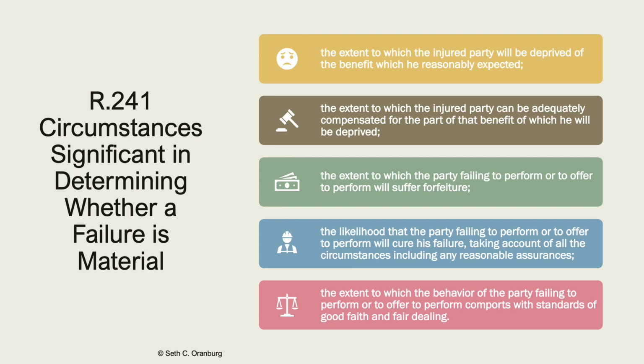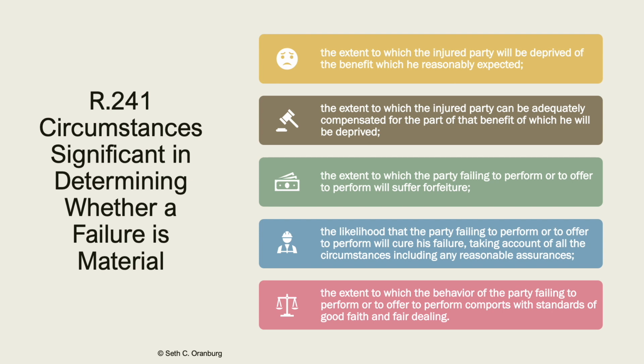Third, the extent to which the party failing to perform or to offer to perform will suffer forfeiture. Fourth, the likelihood that the party failing to perform or to offer to perform will cure his failure, taking account of all the circumstances including any reasonable assurances. And fifth, the extent to which the behavior of the party failing to perform or to offer to perform comports with the standards of good faith and fair dealing.